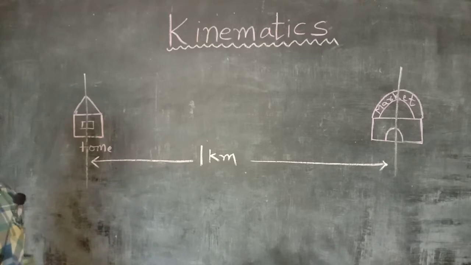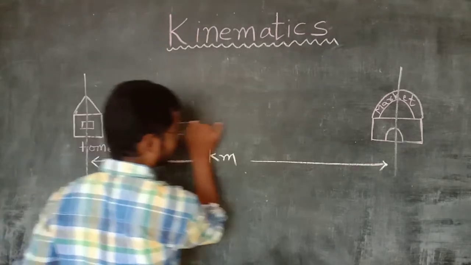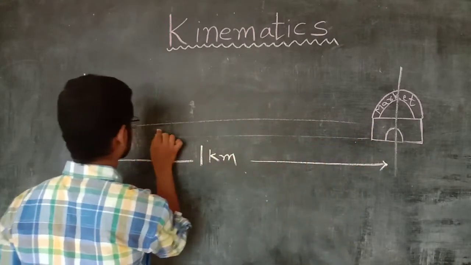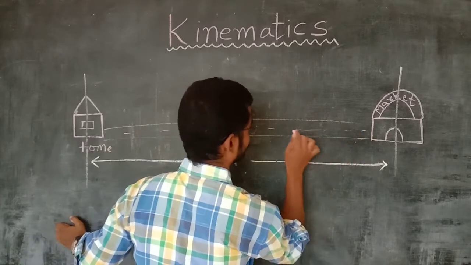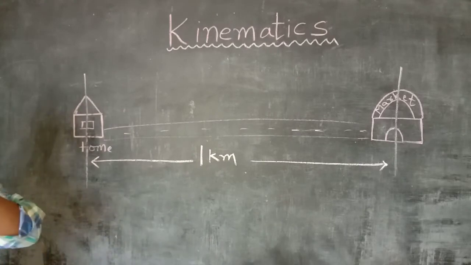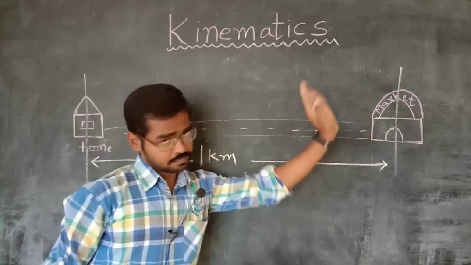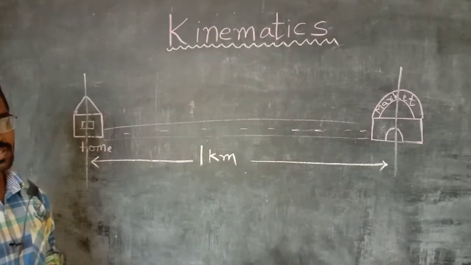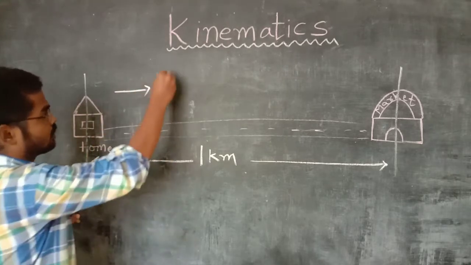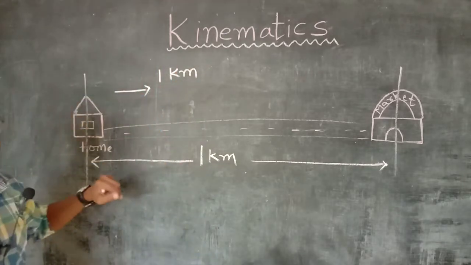He is moving on this road, and let us assume the road is straight. Now think in your mind: whenever he is moving from his home to the market, how much distance will he cover? In this direction, he will cover a distance or path length of 1 kilometer.